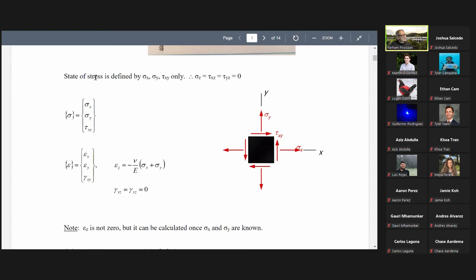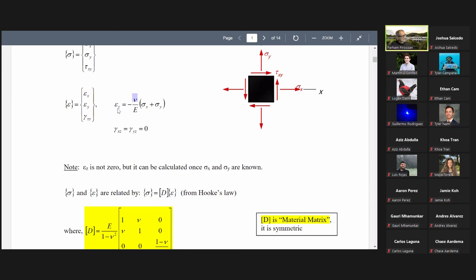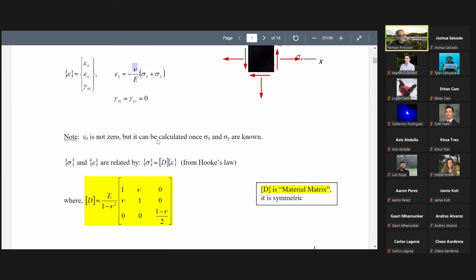So plane stress means that no stress in the z direction, but we have a strain in the z direction, which is given by this. It is negative nu over E times sigma x plus sigma y. Nu stands for what? Anyone? Is it the Poisson's ratio? Poisson's ratio, very good. So this is the strain in the z direction.